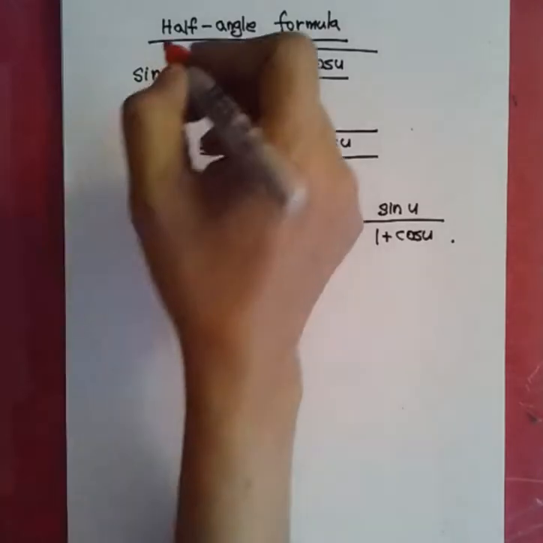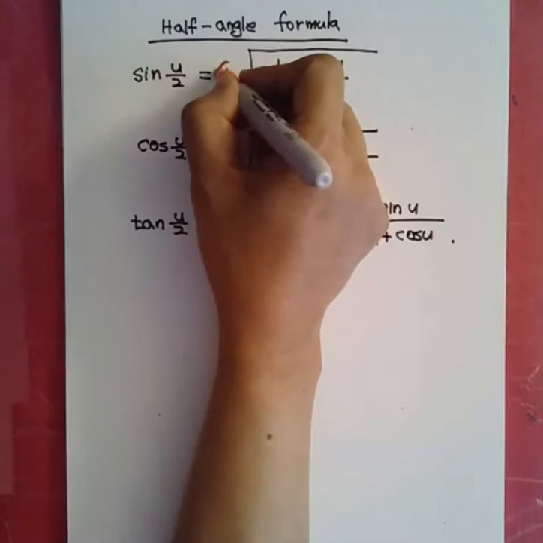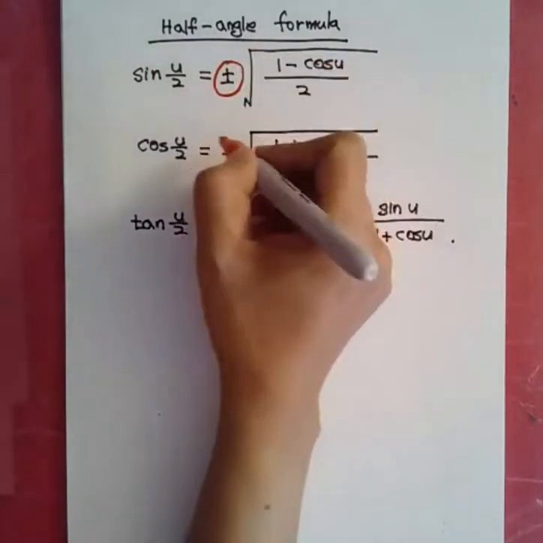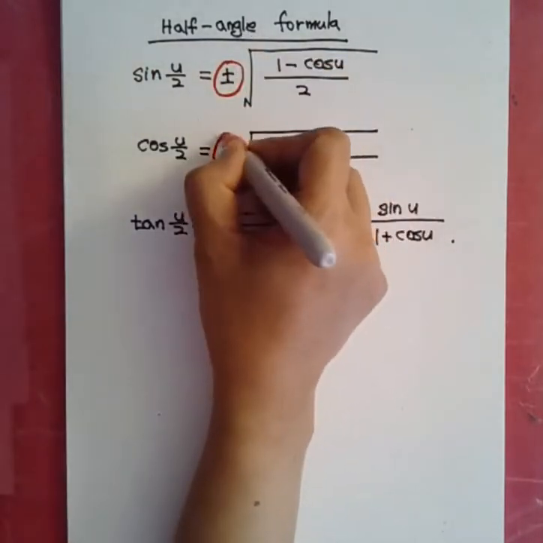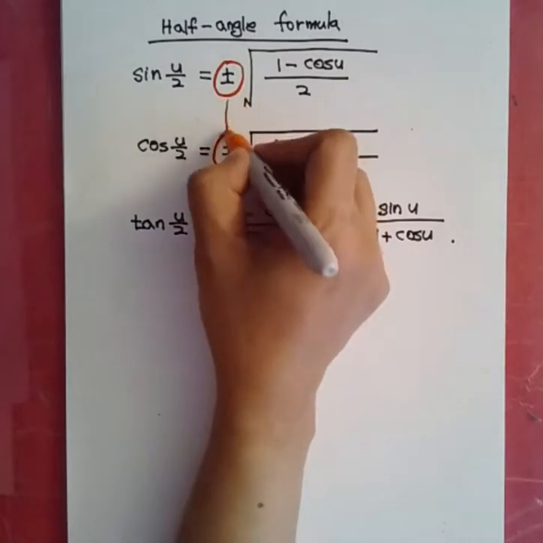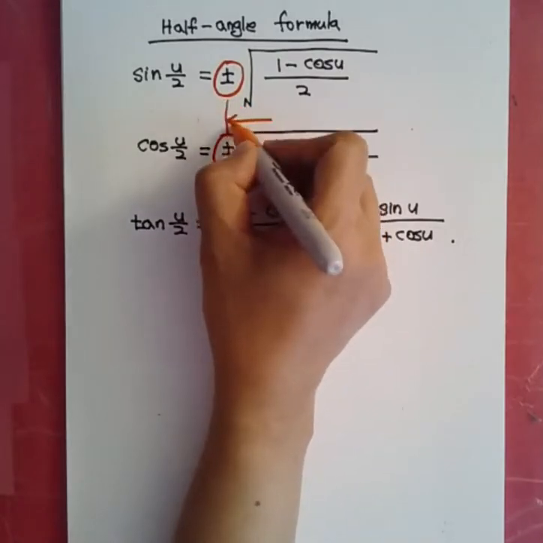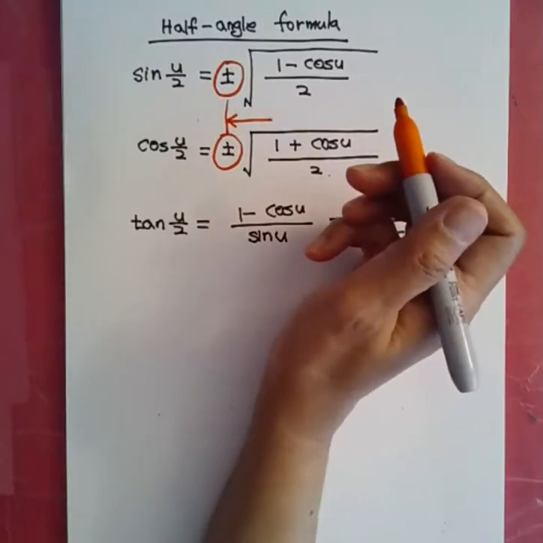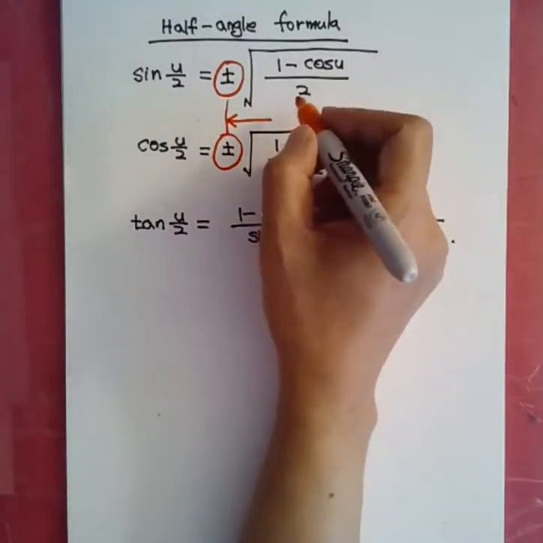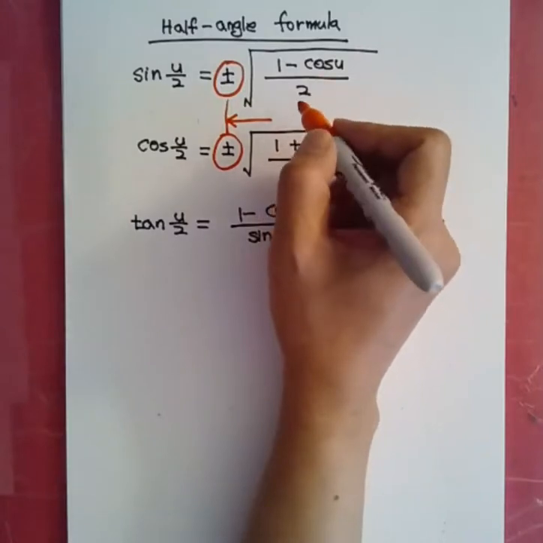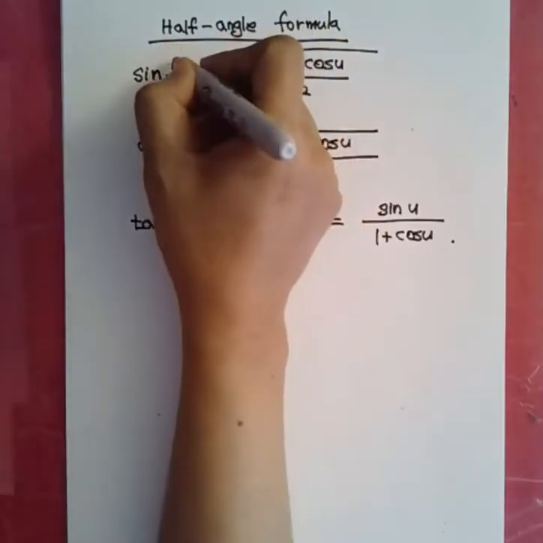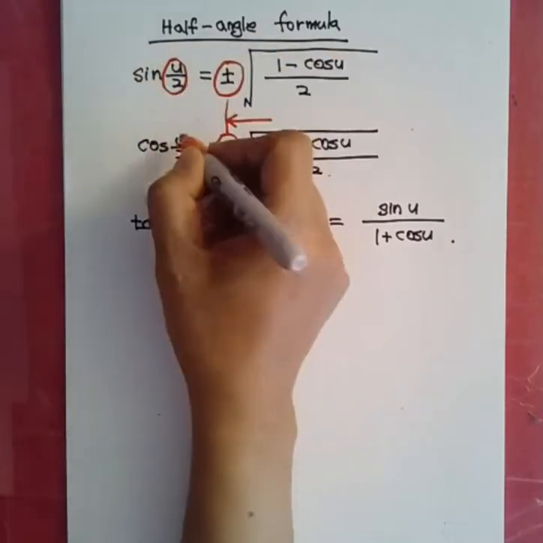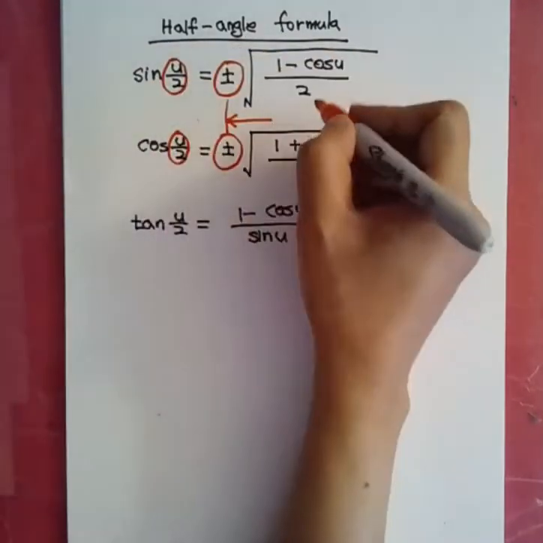While we evaluate the sine or cosine value, the value should be exactly one. So the way we determine plus or minus will be by considering the quadrant the angle u over 2 belongs to.